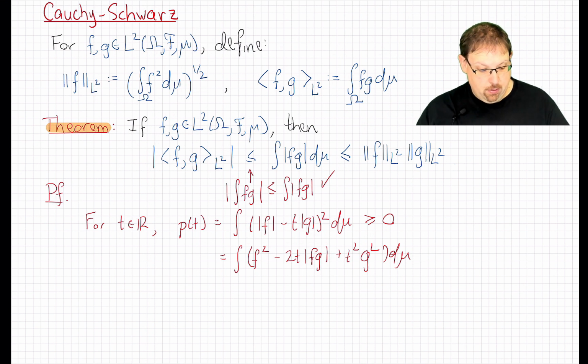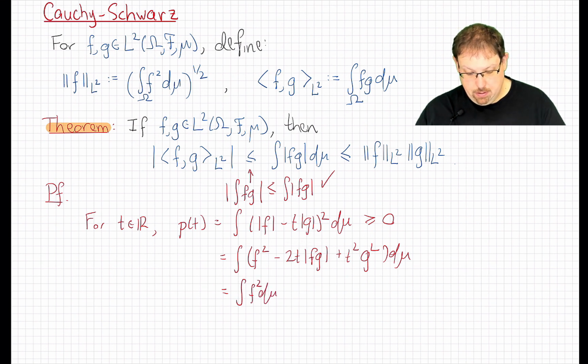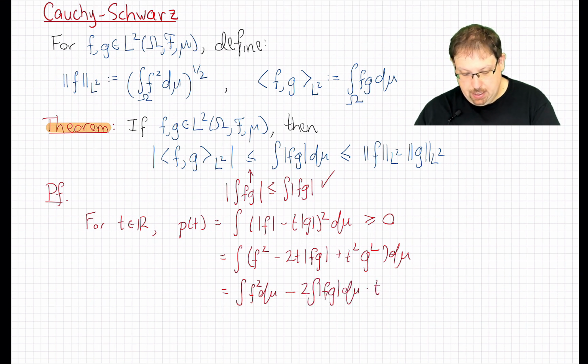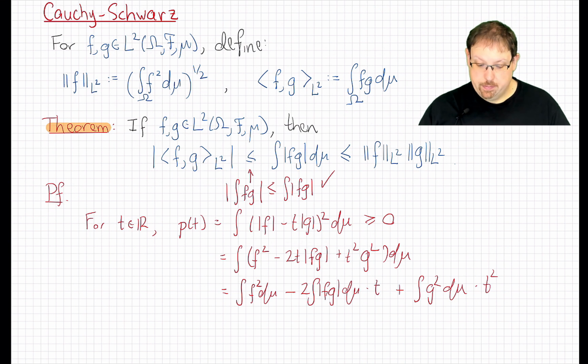And therefore we can use the linearity of the integral to write this as the integral of f squared d mu minus 2 times the integral of absolute value of fg d mu times t plus the integral of g squared d mu times t squared.